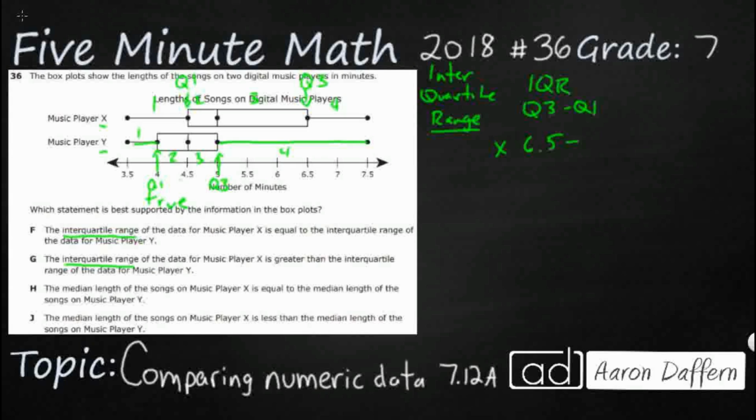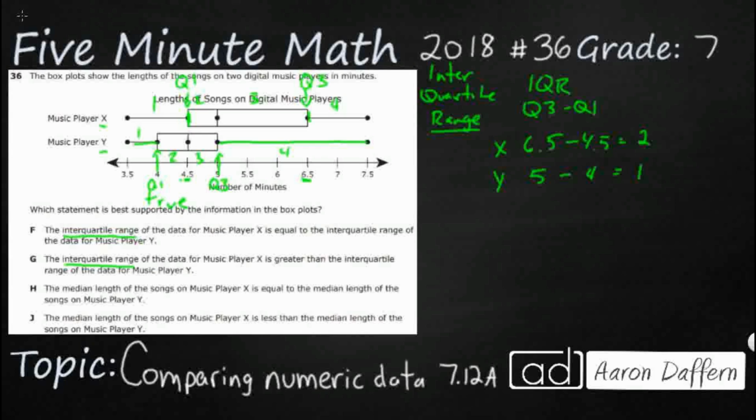Its quartile 1 is 4.5, because we've got it right there, 4.5 and 6.5. All right, so X has an interquartile range of 2. Y has a much tighter interquartile range. Look at that, it's going to go from 5 down to 4.